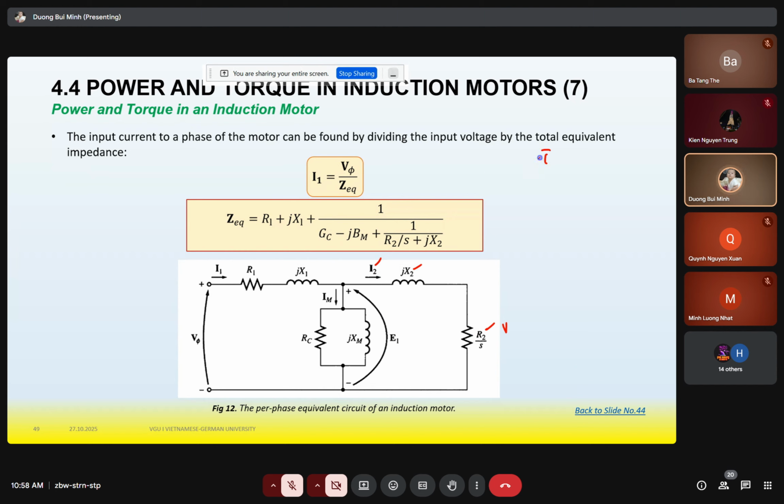So please remember that I2 means I2', X2 means X2', R2 means R2', and Z2 means Z2'.